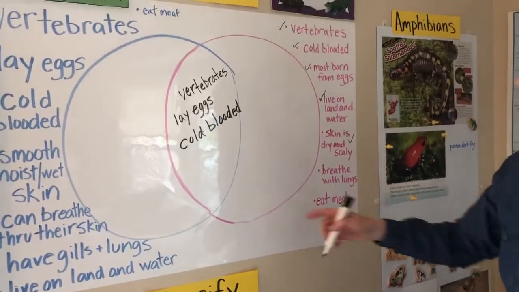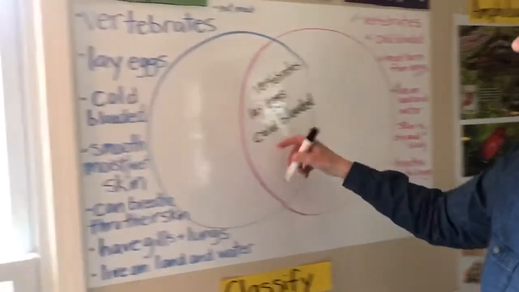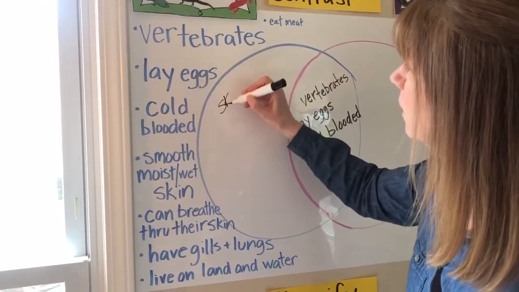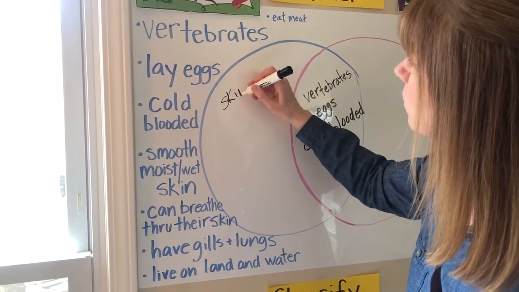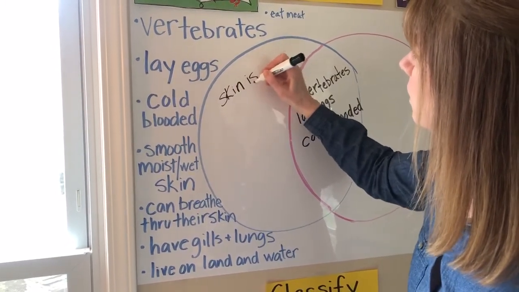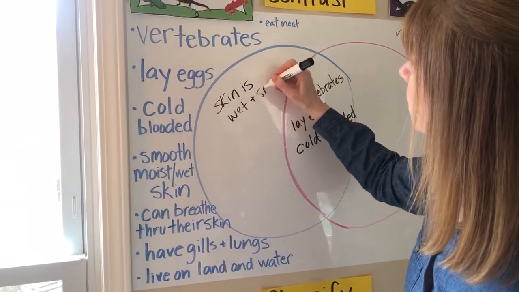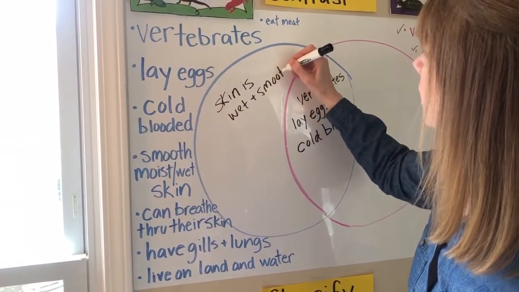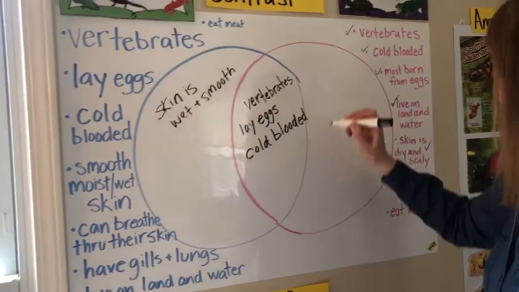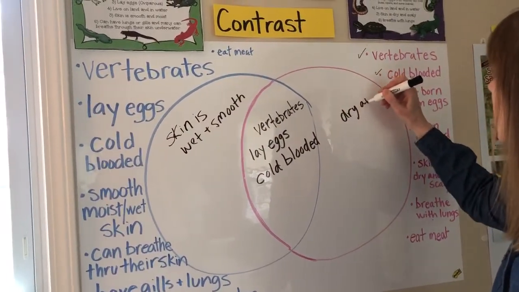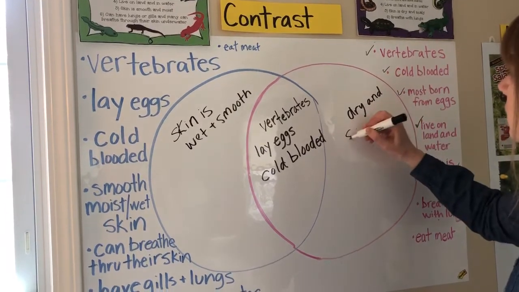So that's something they definitely don't have in common. So I'm going to put for the amphibians, skin, sorry guys, you know my handwriting, is wet and smooth. And a reptile's body covering, dry and scaly. Okay.